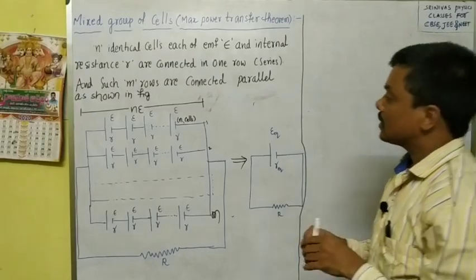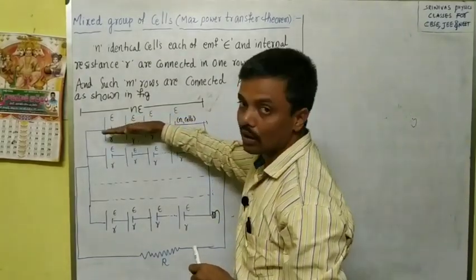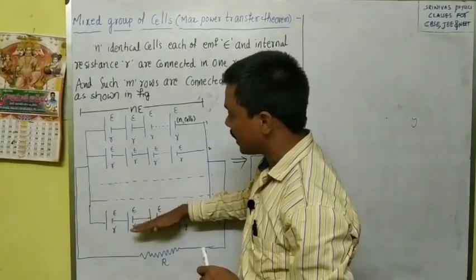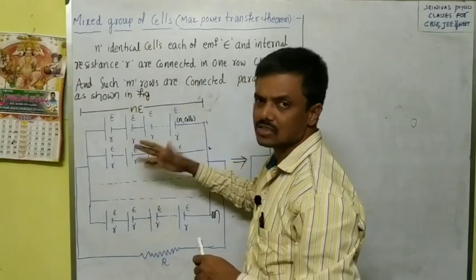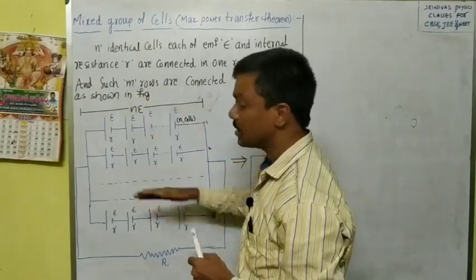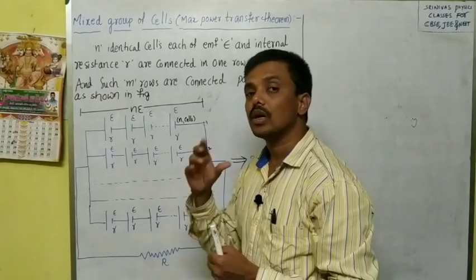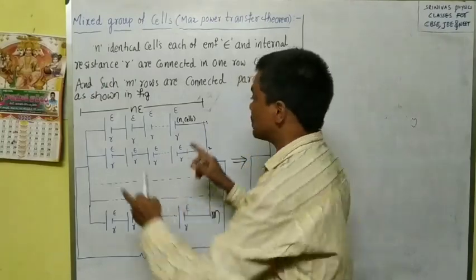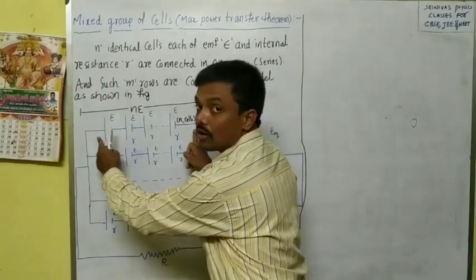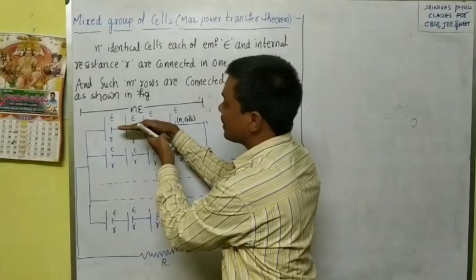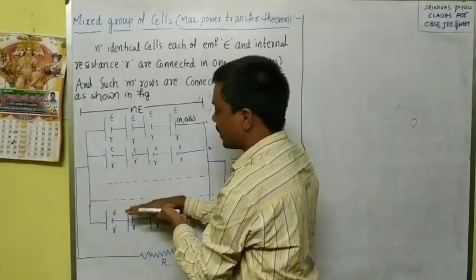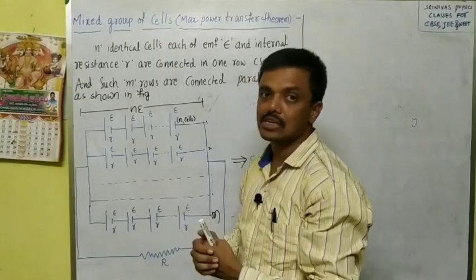In parallel, you get the effective EMF equal to the EMF of only one cell. That means here nE in one row, nE, nE, nE are in parallel, but the effective is also nE.